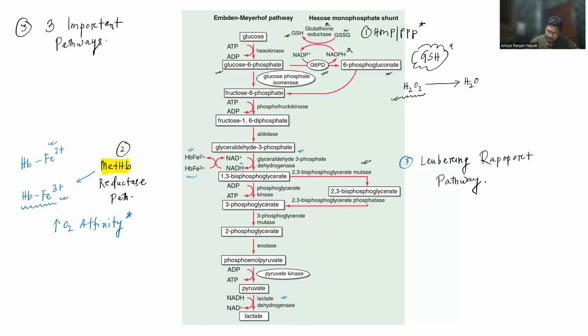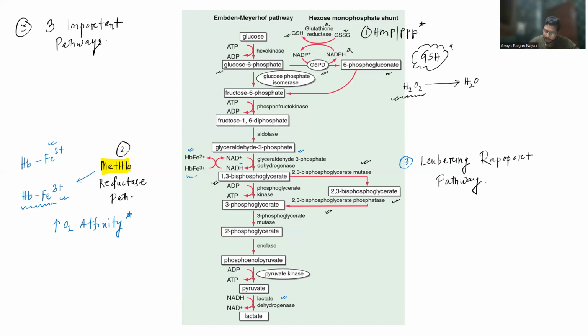As you can see here, there is 1,3-bisphosphoglycerate, which is an intermediate product during glycolysis. Sometimes this 1,3-BPG can be converted to 2,3-BPG, or 2,3-DPG, that is 2,3-bisphosphoglycerate or 2,3-diphosphoglycerate. And again, it can come back into the glycolytic pathway through a phosphatase, and the glycolysis can continue.